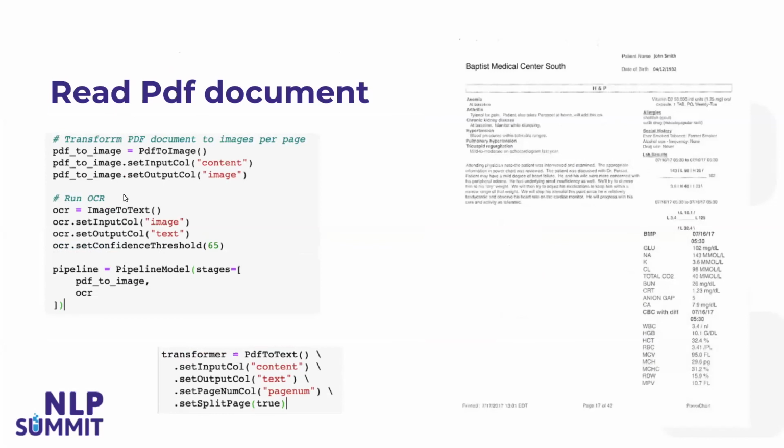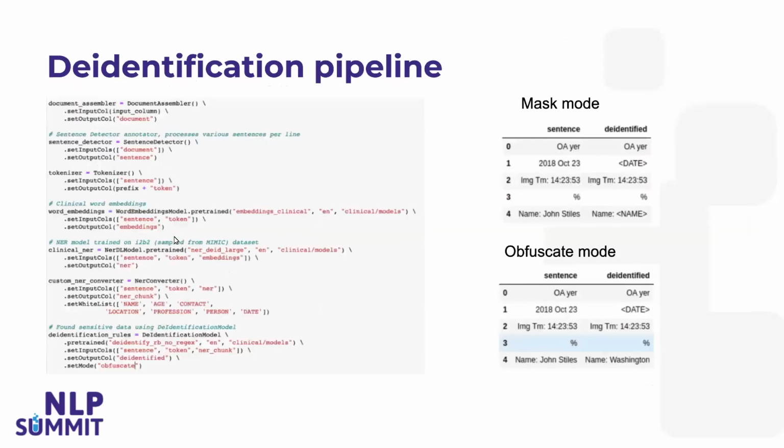And for scanned documents, we need to call the image to text transformer to recognize text. After that, we can apply the de-identification pipeline based on Spark NLP. Alina talked about it in more detail.